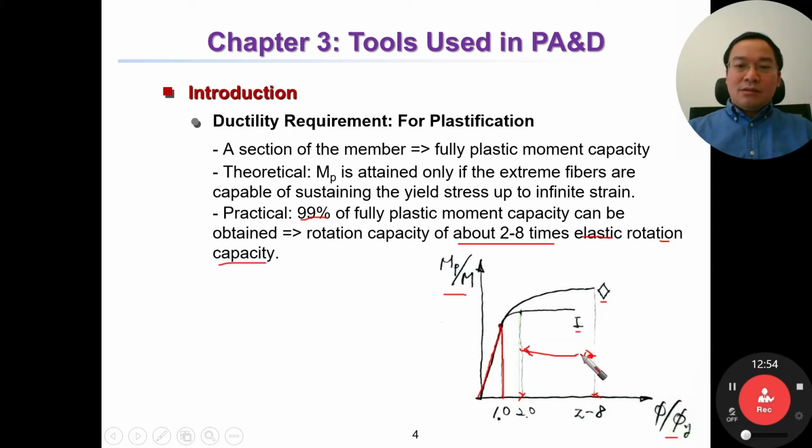In other words, the fully plastic moment capacity can be obtained if the rotation capacity is at least 2 and maybe up to 8 times the elastic rotation capacity. That is the requirement for plastification, or for a section.